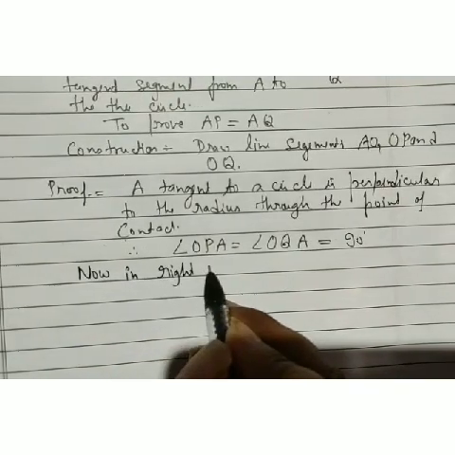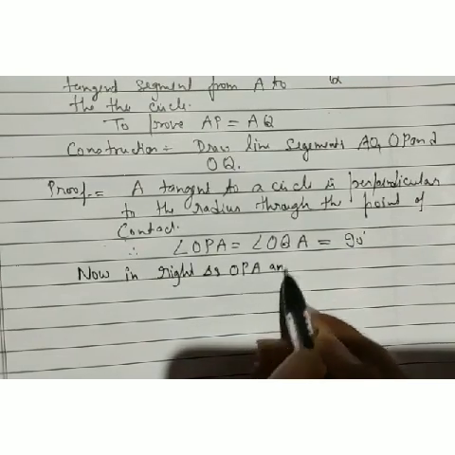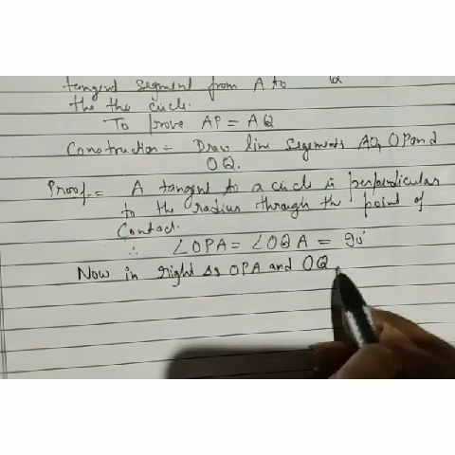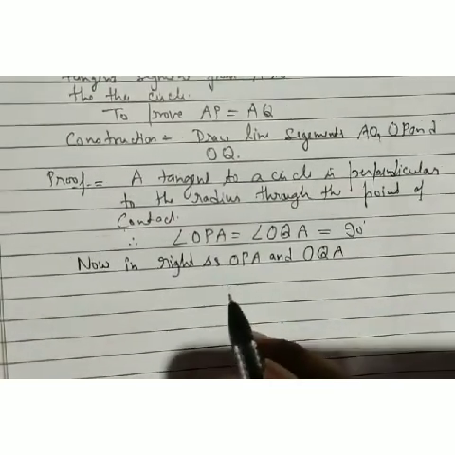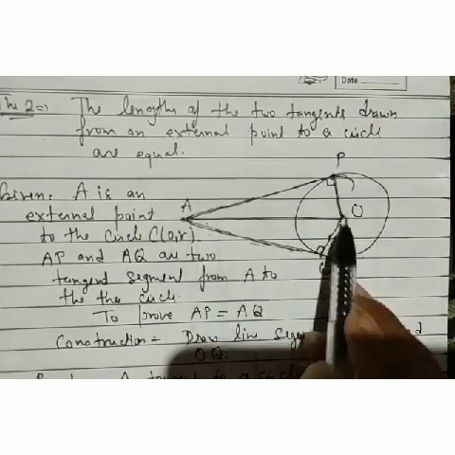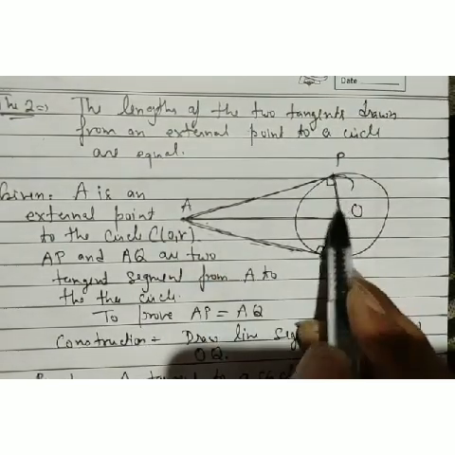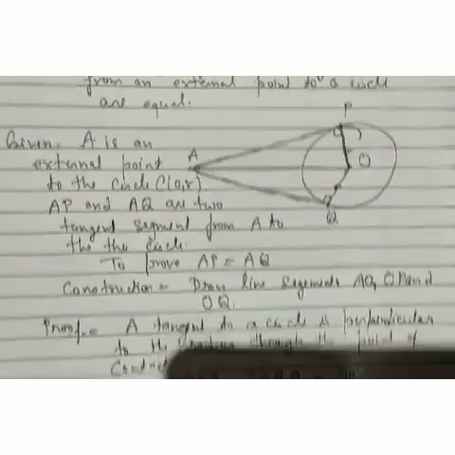Now we start. In the right triangles OPA and OQA, OP is equal to OQ. Why?